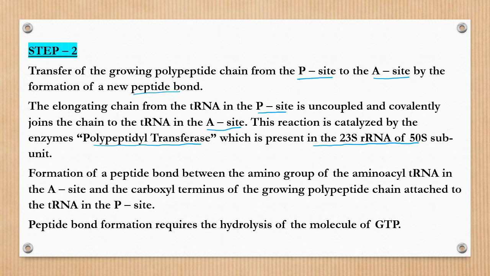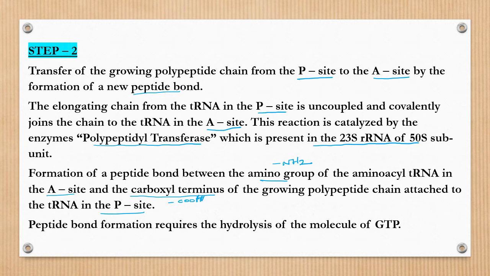Formation of the peptide bond between the amino group, that is NH2, of the amino acyl tRNA in the A site, and the carboxyl terminus, that is COOH, the carboxyl group of the growing polypeptide chain attached to the tRNA in the P site.